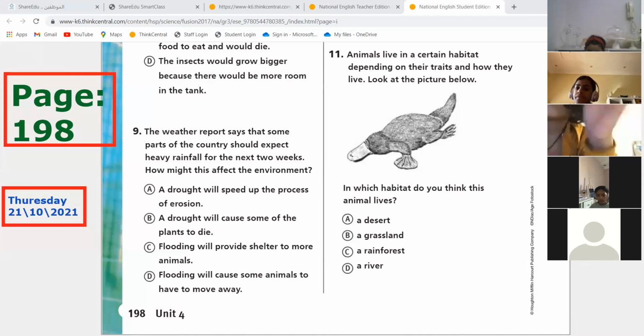Drought will speed up the process of erosion, or drought will cause some plants to die, or flooding will provide shelter to more animals, or flooding will cause some animals to have to move away. First of all, if it's a very heavy rain for 2 weeks, is it a drought or a flood? Flood. Of course. Okay. Does flood provide shelter for animals, or animals will have to move away?